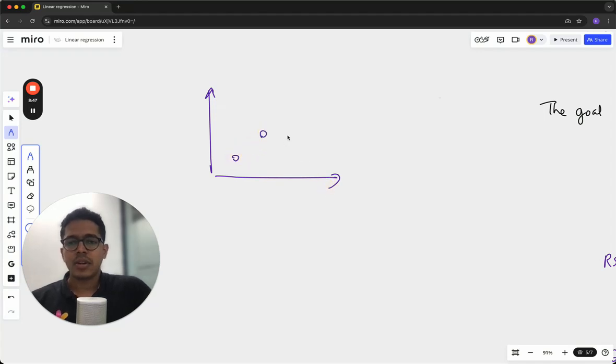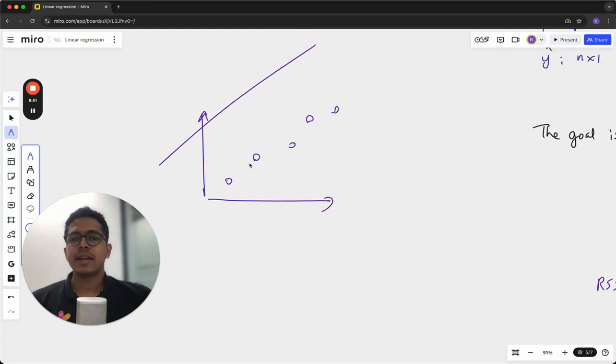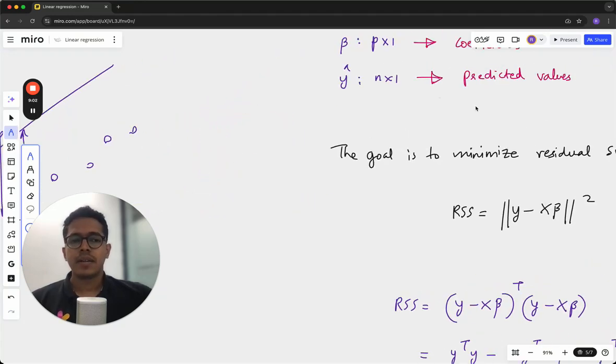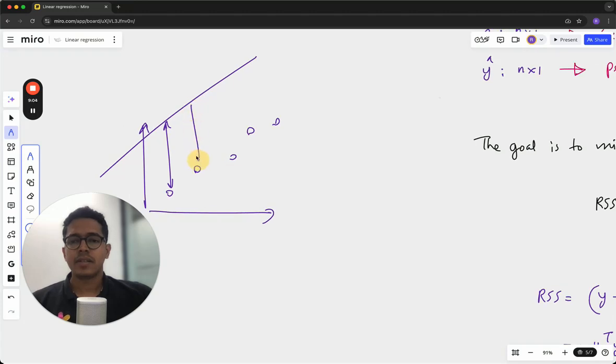Error is nothing but, let's say this is your data. If you say that this is the straight line that maps with this data, you are having a huge residual sum of squares, because what is the residual sum of squares? This squared plus this squared plus this squared plus this squared plus this squared, right?